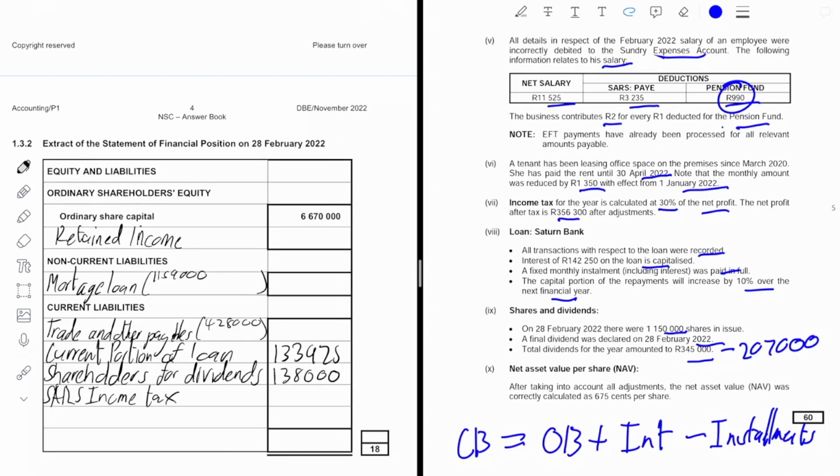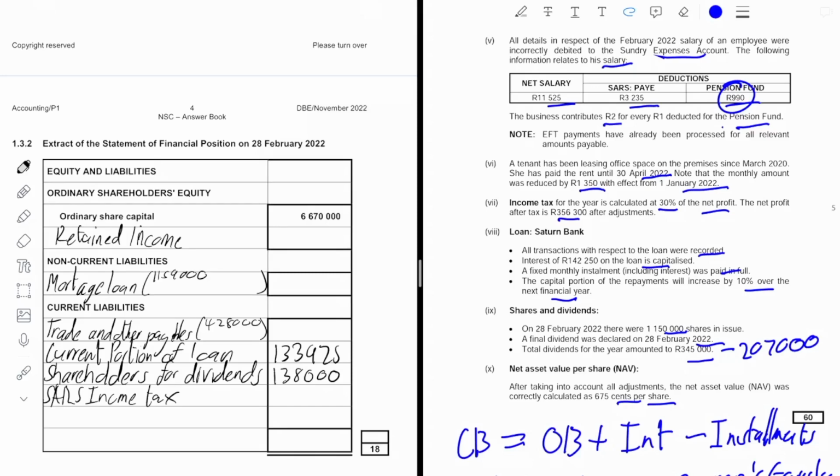Okay, then they tell us the net asset value per share after taking into account all adjustments is 675 cents per share. Now remember your NAV per share is equal to your owner's equity over your number of shares. So using that, we can actually work out the total owner's equity.